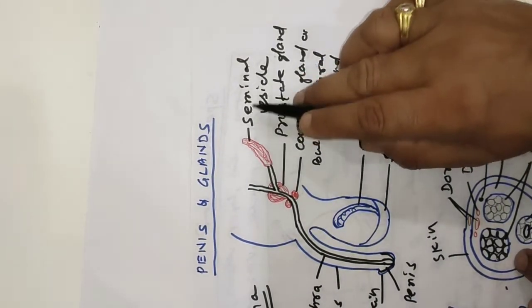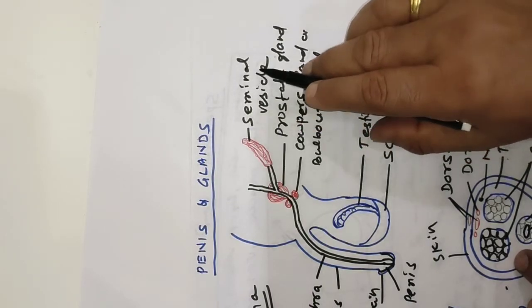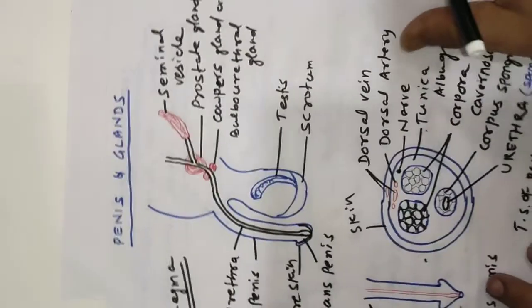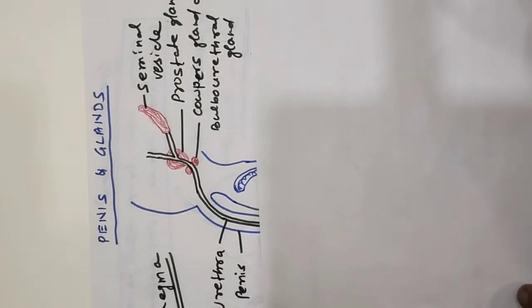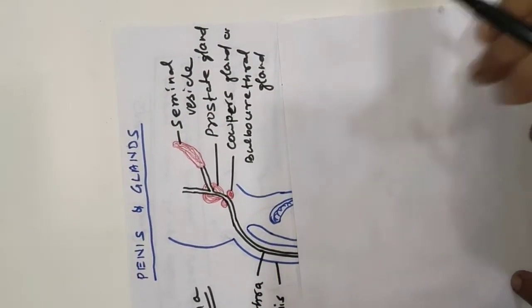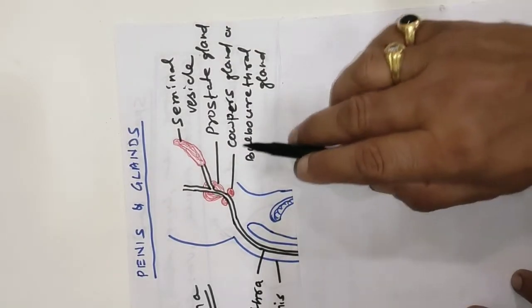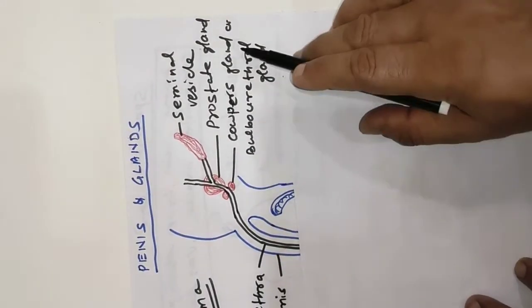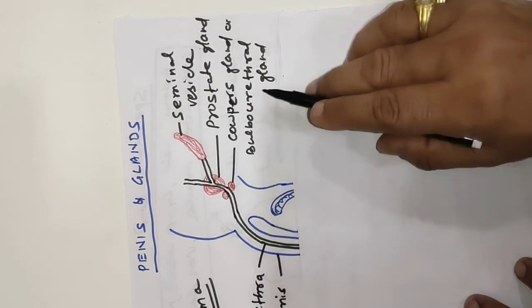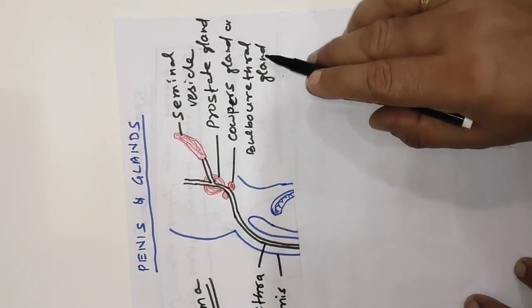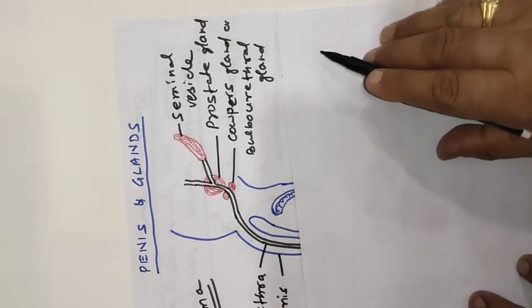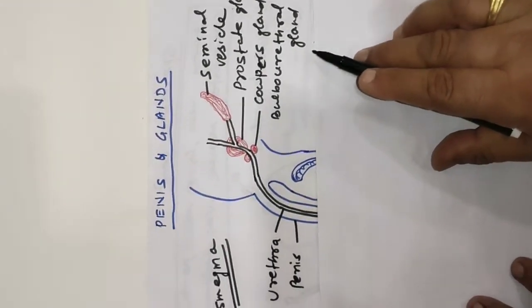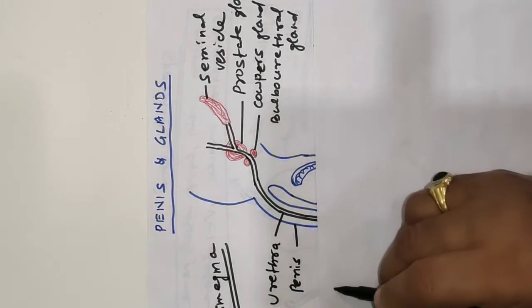The seminal vesicles are paired in number. These are tubular.